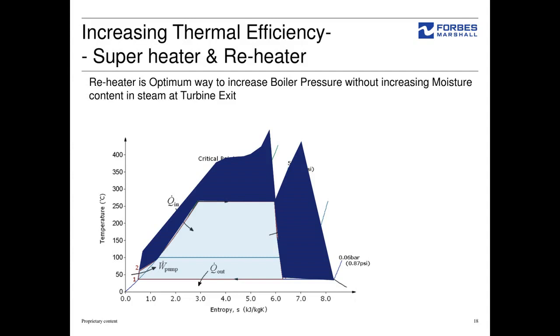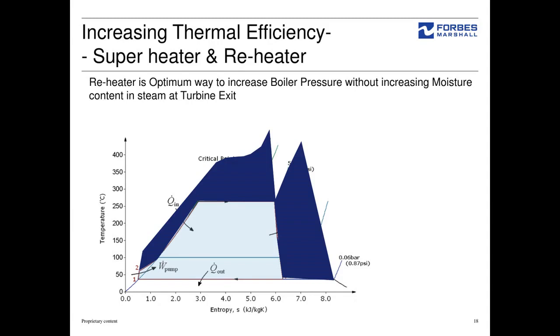Now this steam is passed through HP turbine casing, and after using it in HP turbine, before it crosses the saturated steam line, this steam is taken out from the HP turbine. This is also called cold reheat steam. This steam is taken back to boiler and reheated using reheaters, and then this hot reheat steam is passed through IP and LP turbine.